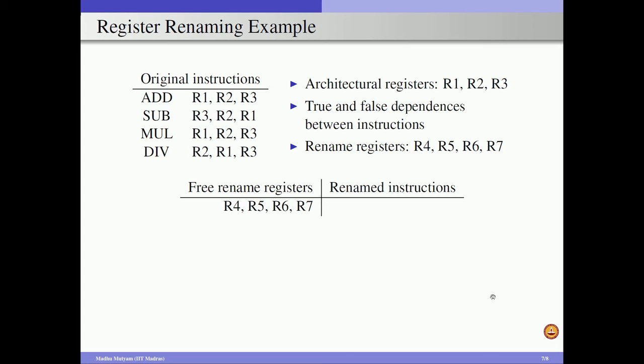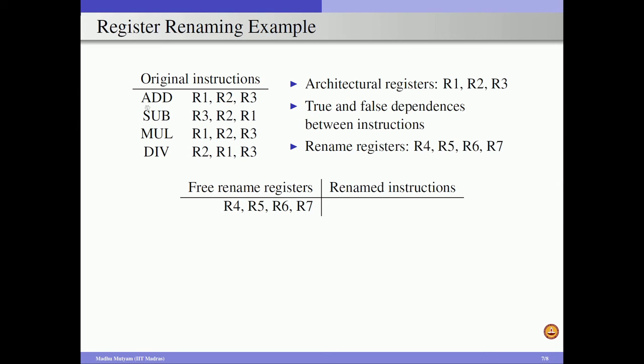We have this list of free rename registers because we have not renamed any of the architectural registers so far. As a result all our rename registers are available. Every time we want to rename the destination register of an instruction, we pick one free rename register.